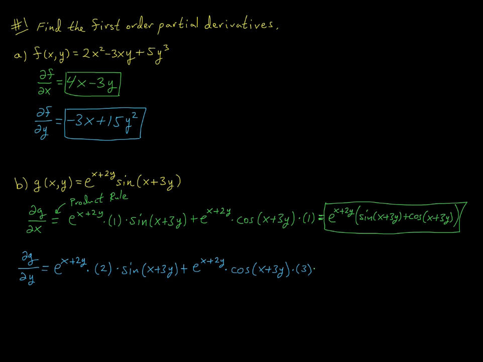And so now I can go ahead again and just factor out that exponential term, so e to the x plus 2y, and left over is going to be 2 times the sine term. And then I'm going to get plus 3 times the cosine term. All right. And this would be our y derivative.